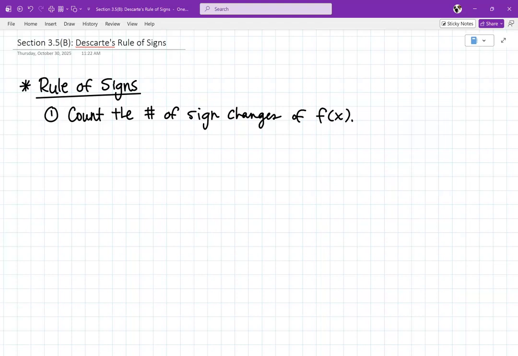And then that number represents the total positive zeros of the problem.